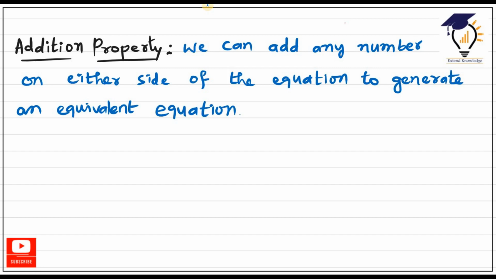So what does this mean? If I take an example of an equation with a left hand side and a right hand side, we can add any number to either side of the equation to solve it.